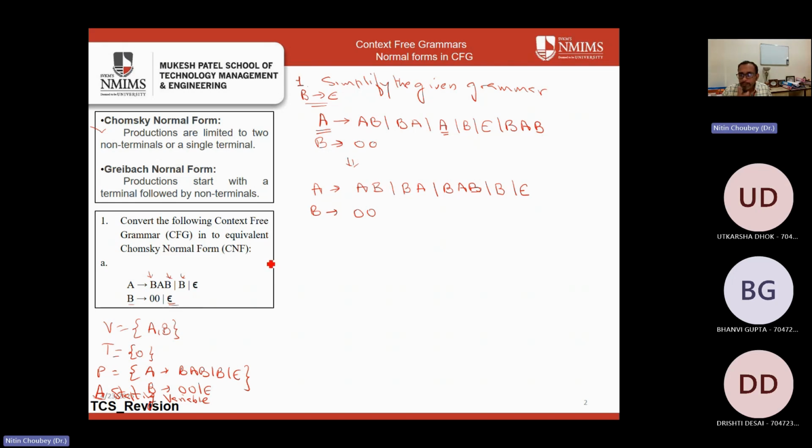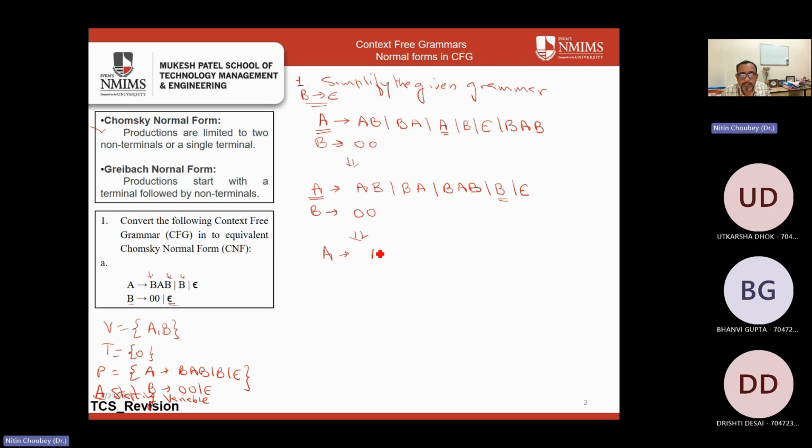Now, what is the next step? Next step is removal of unit productions from the grammar. When we say removal of unit productions, we need to look for, do we have any unit productions here? If you look here, A gives B. This is our unit production available. So let's remove that. Remove means what? Ultimately, by removing it, we will replace the B with its productions.